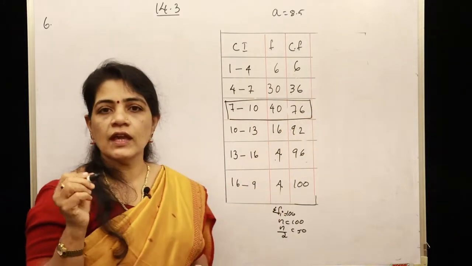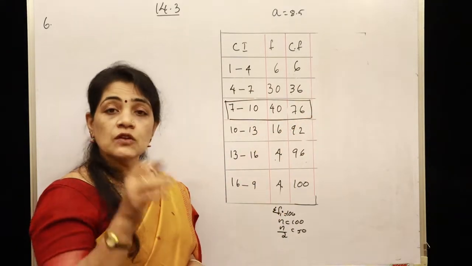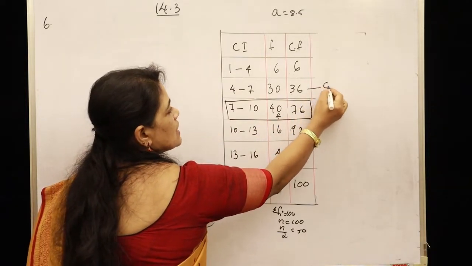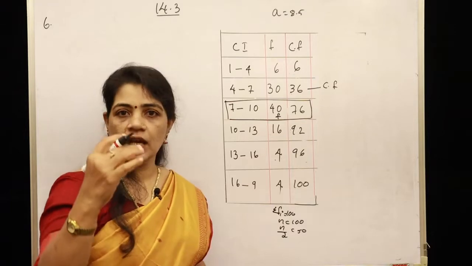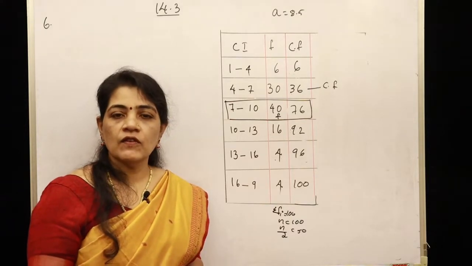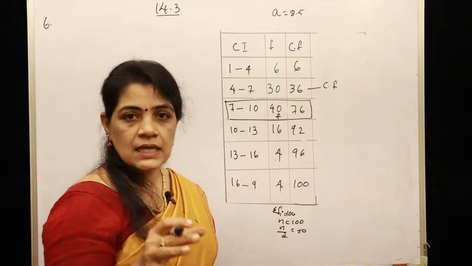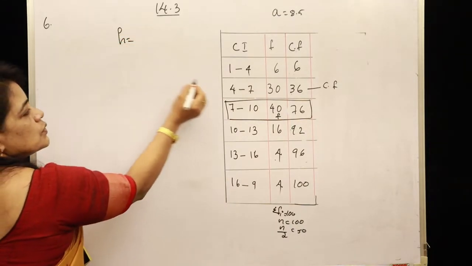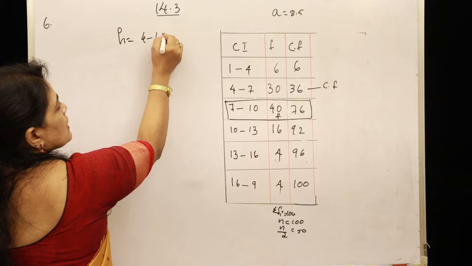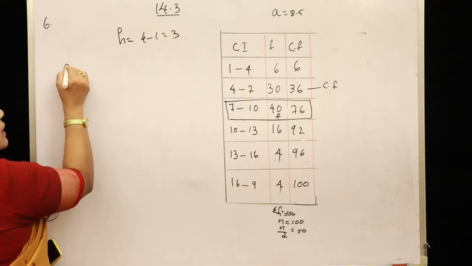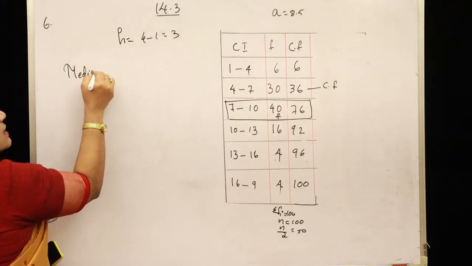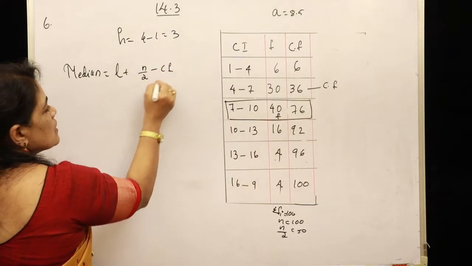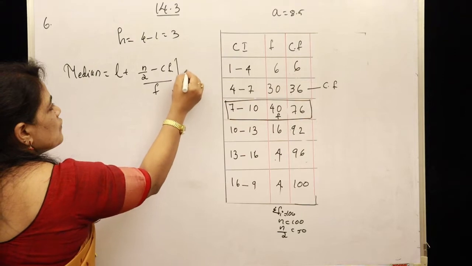After locating the median class, the frequency of the median class is F, and this is CF, the cumulative frequency of the class preceding the median class, that is CF is 36 in this problem, and h is equal to 4 minus 1, that is 3. The formula: median is equal to L plus (n by 2 minus CF) divided by F into h.